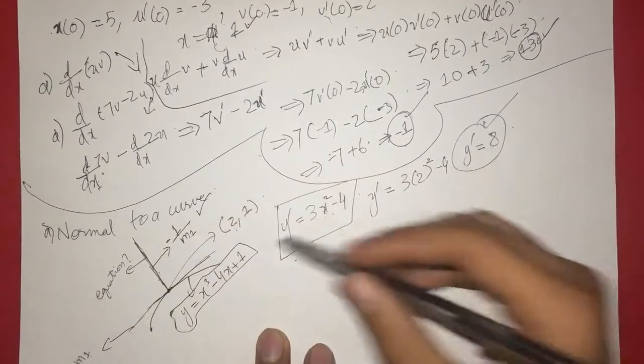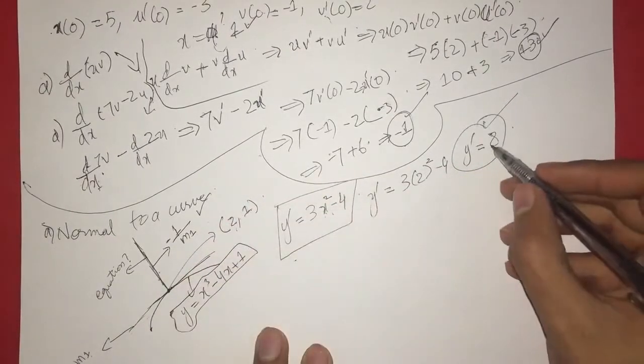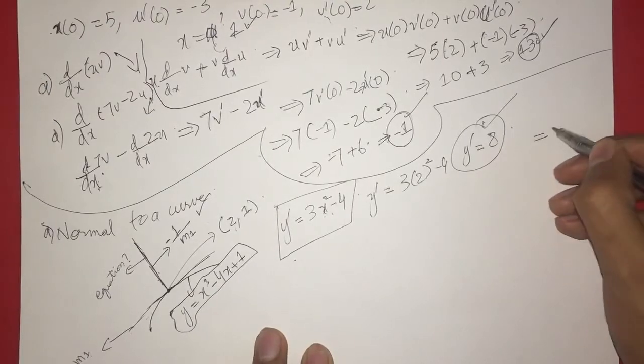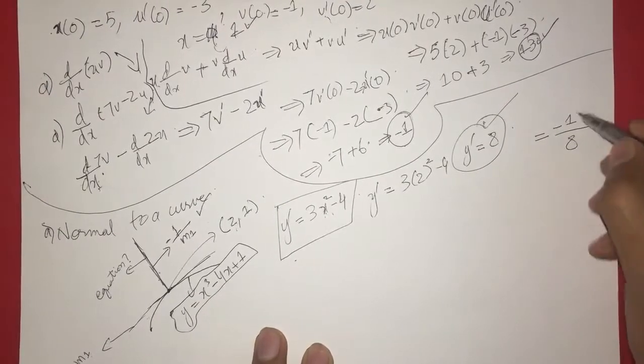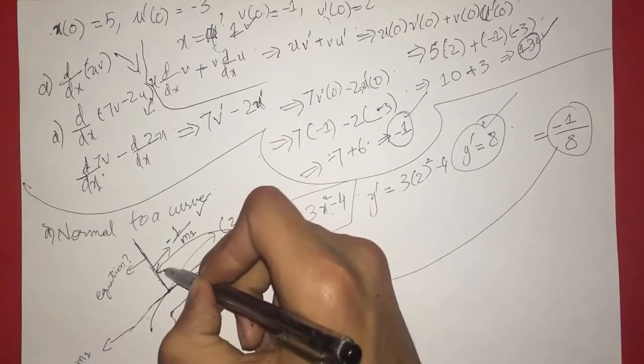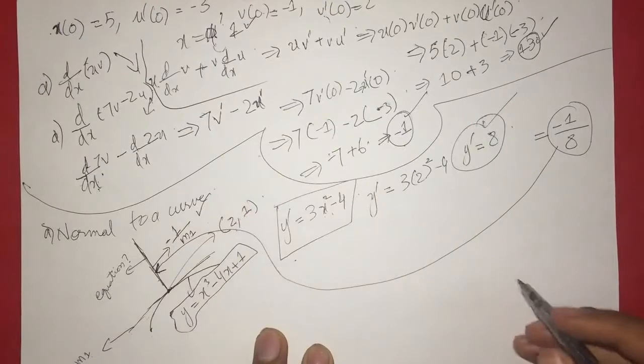So here, these two lines are perpendicular, so we take the negative reciprocal of 8, which is minus 1 by 8, and this is the slope of this line.